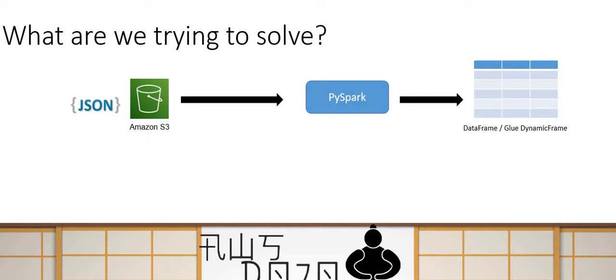It's very easy to use PySpark code to read data from a JSON document and load it into a data frame.